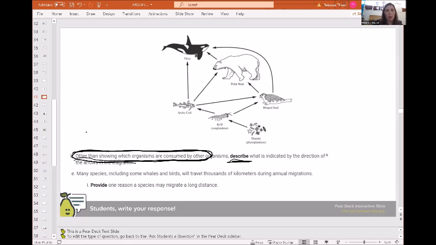All right, so let's go back to this question right here. Other than showing organisms being consumed, right? Yes, by having this arrow point this way, we know the krill is eating the diatom. But really what we're looking at here is the movement of energy.